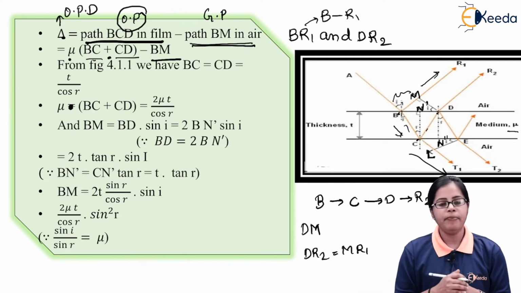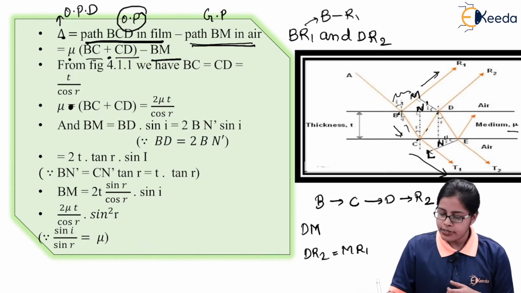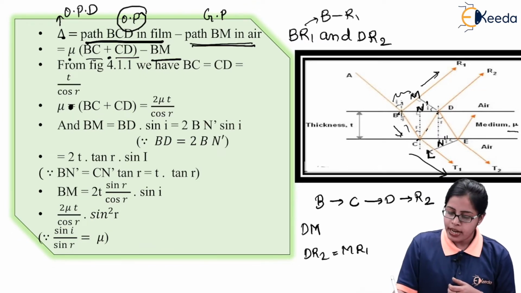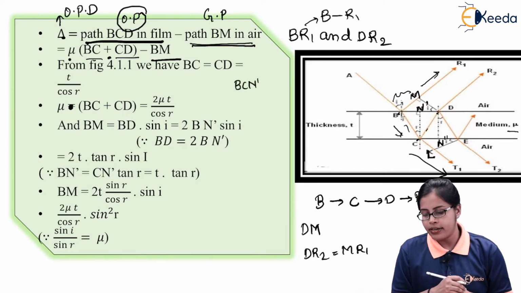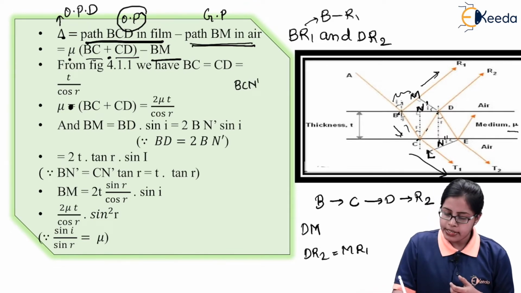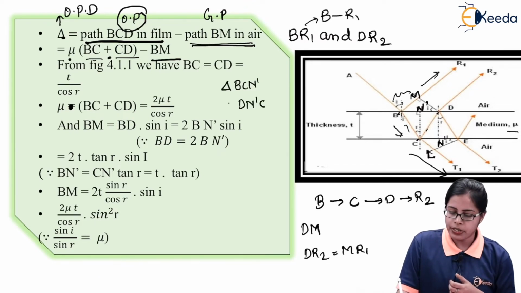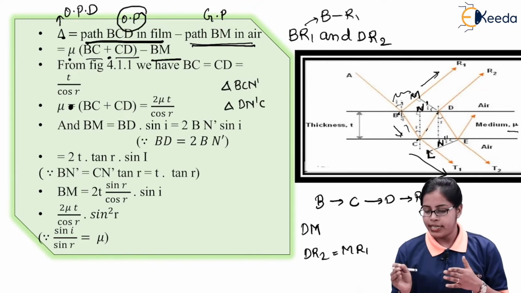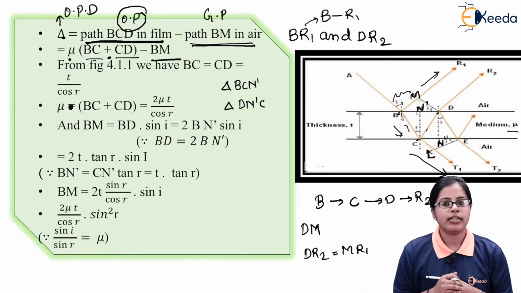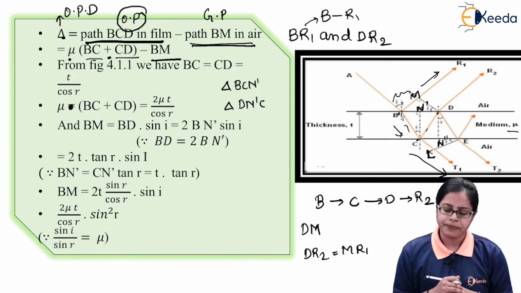Now, if you look at the diagram, we can consider two triangles over here, that is BCN', and the second triangle which we can consider to calculate CD is DN'C.